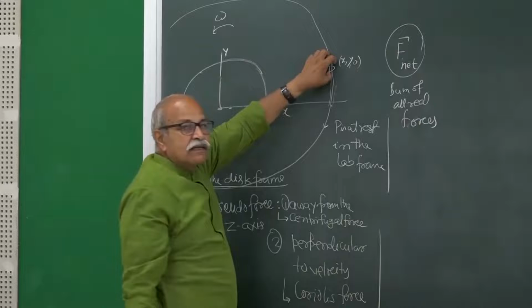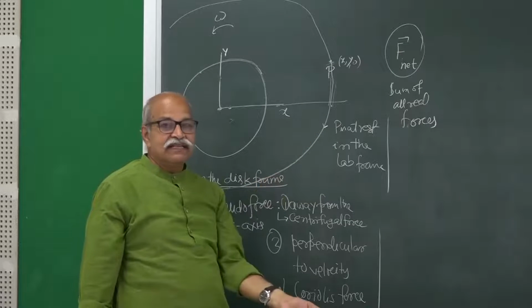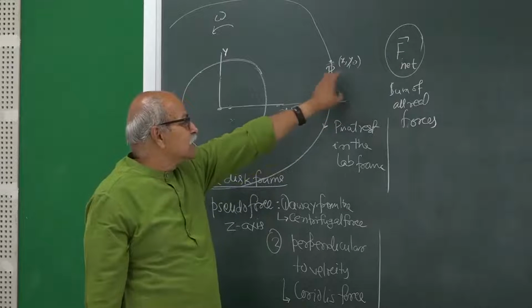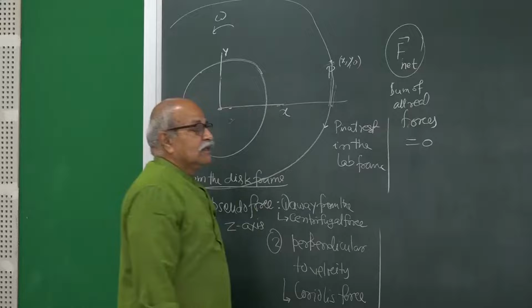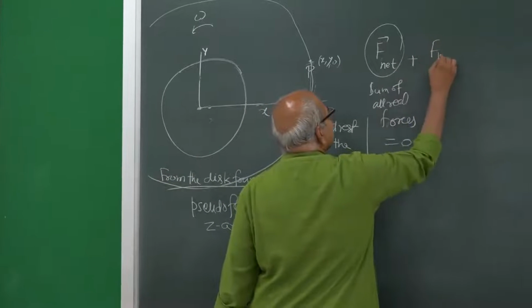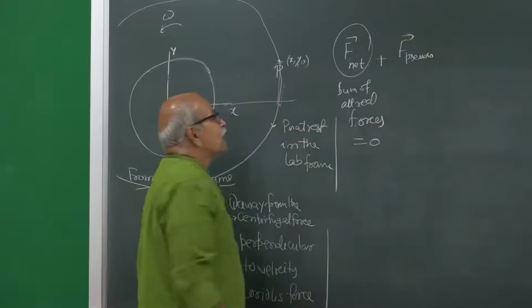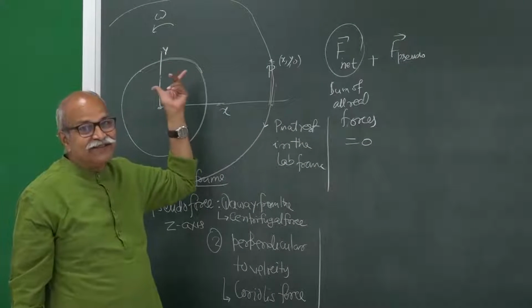This object may be placed on a table, so gravity, mg, the normal force, everything adds to 0. The sum of all real forces is 0. But then I have to supply pseudo forces so that you have this acceleration using Newton's second law.